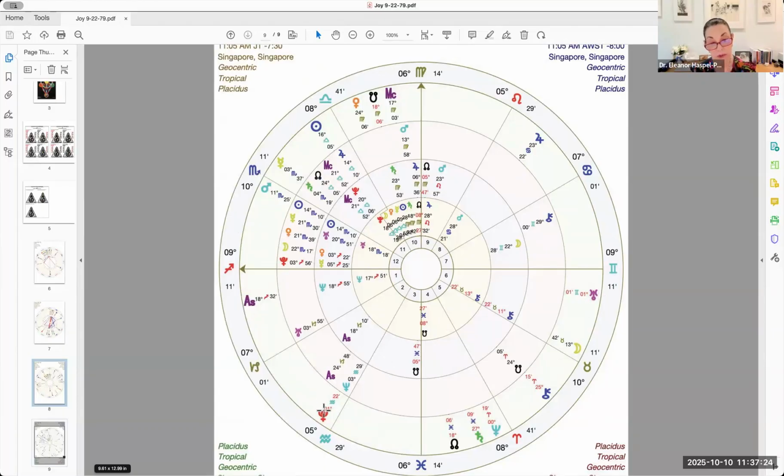Your second house, and your progressed ascendant happens to be in your second house. Your progressed moon is in your seventh house in Gemini or in your 12th house in Scorpio.